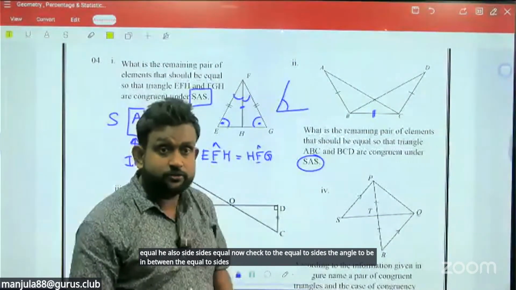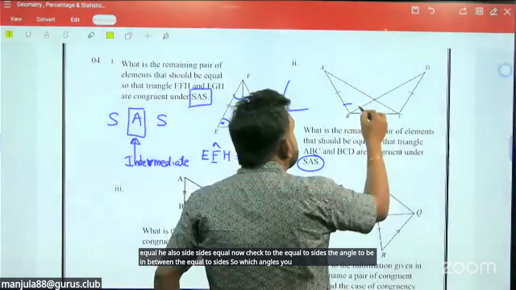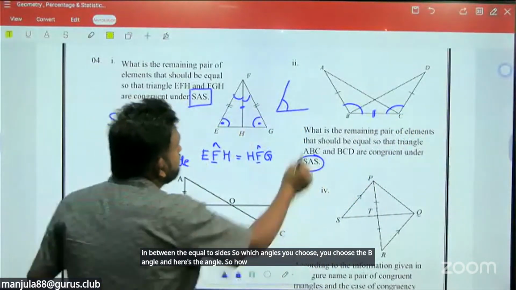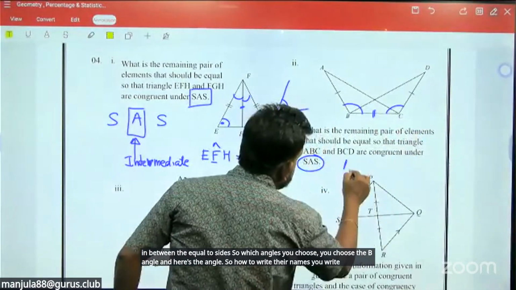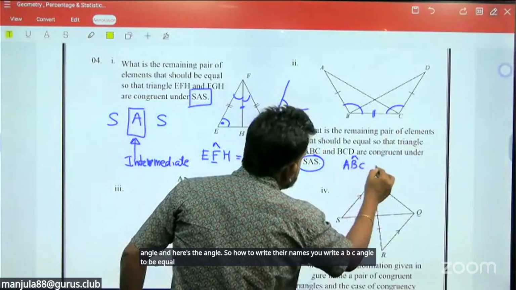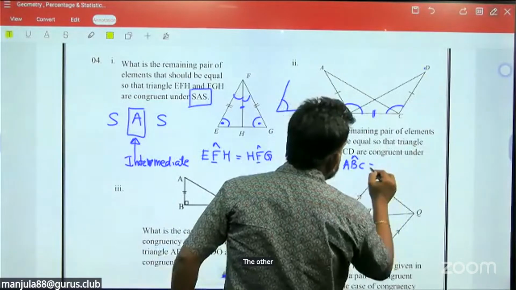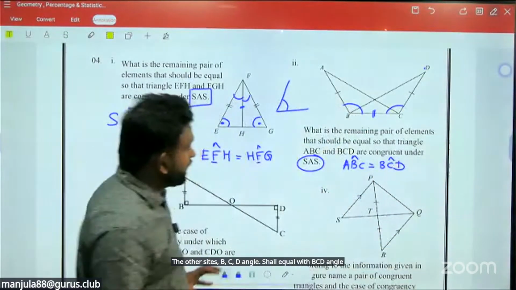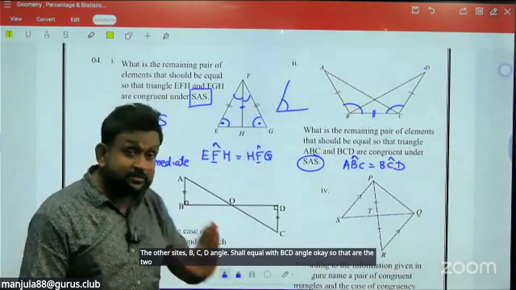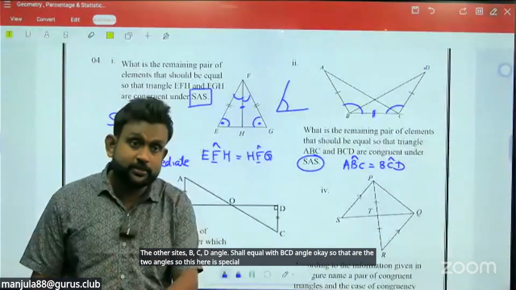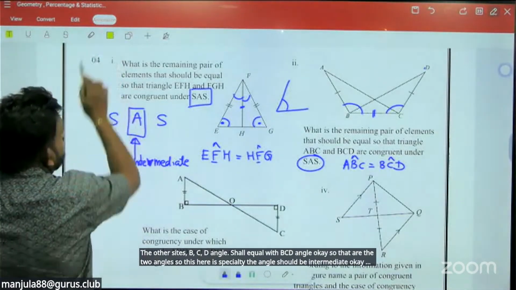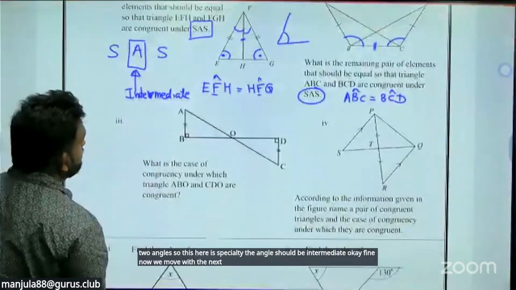So which angle do you choose? You choose the B angle and here the C angle. So how do you write their names? You write angle ABC to be equal to angle BCD. Okay, so those are the two angles. So here the specialty is that the angle should be intermediate. Okay. Fine. Now we move to the next question.